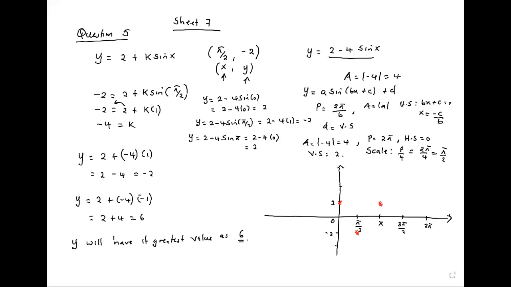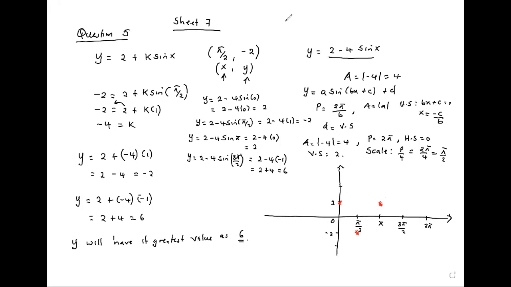And then go to 3 pi over 2. That is 270. 2 minus 4 sine 270, which is 3 pi over 2. Sine 270 is -1. So we get 2 plus 4, which is 6. So we'll have a point at that guy, 6.